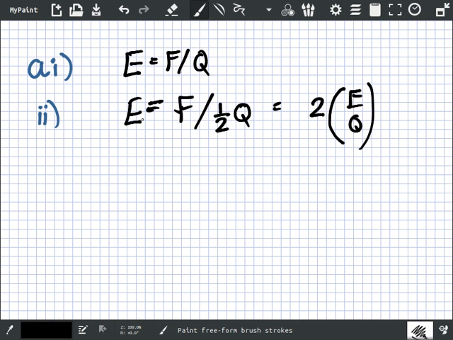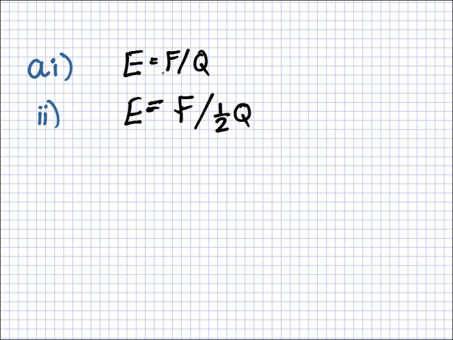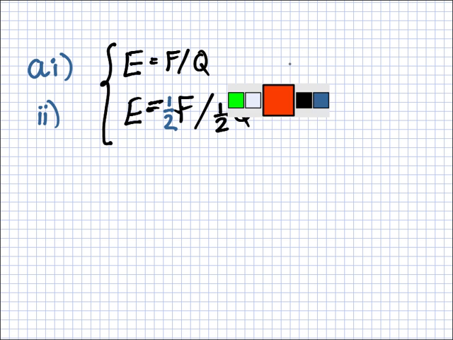Now, the electric field strength doesn't change. That's a constant. So you could think of it like this. If these are supposed to be the same, because it's a constant, and if the charge is halved, then the force must be halved as well, because you can think of the formula like this.